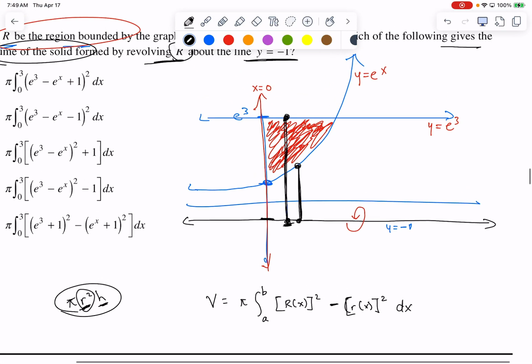So here's how you'd actually do it. They only want you to set this one up. You're just going to take the top function minus the bottom function. What's this top function? We labeled it. So this big R of x is going to be e to the third minus, what's the bottom function down here?